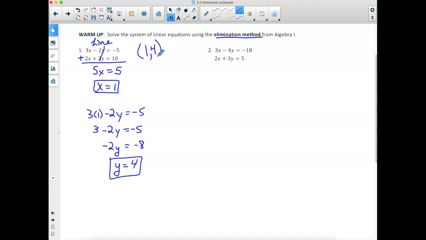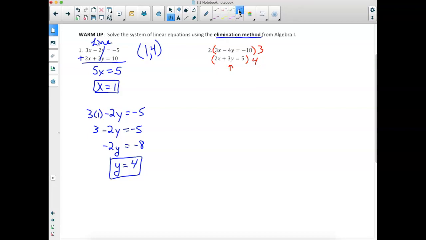Number 2, you notice the coefficients are not opposite on either one of these, and you can get rid of x's or y's. I kind of look into my y's because my signs are already opposite, and what I'm going to do is take the top one and multiply that by 3, and take the bottom one and multiply that one by 4, because that way my coefficients on the y will be opposite.